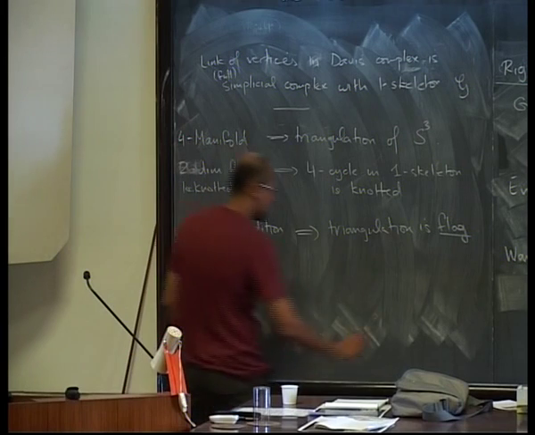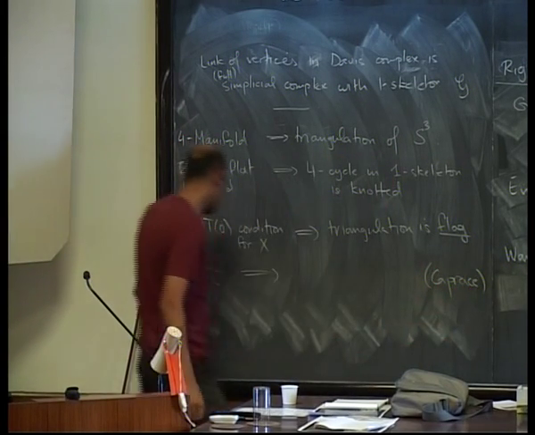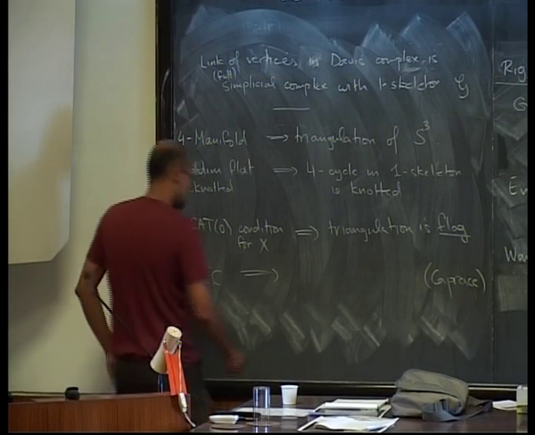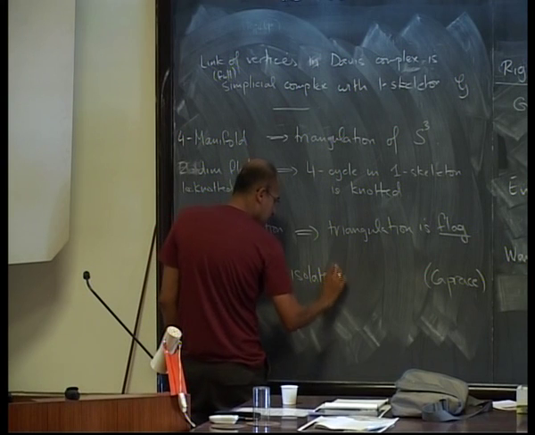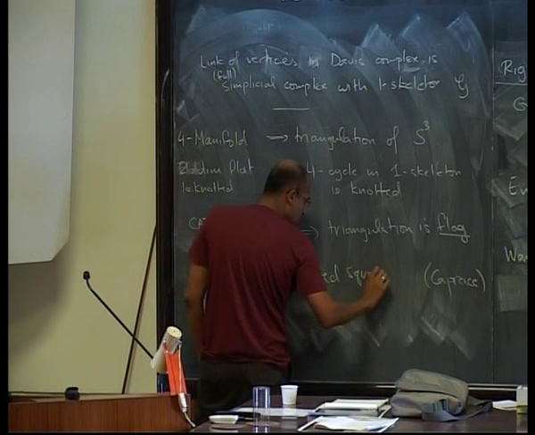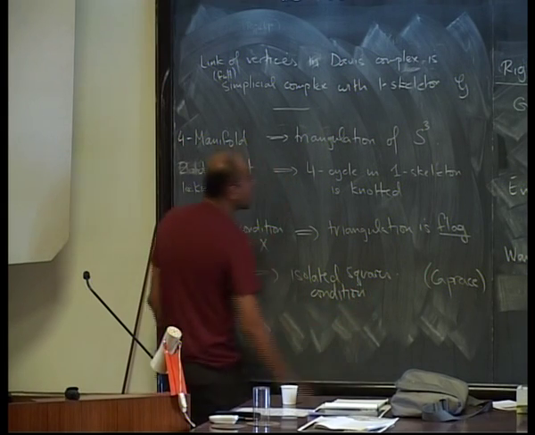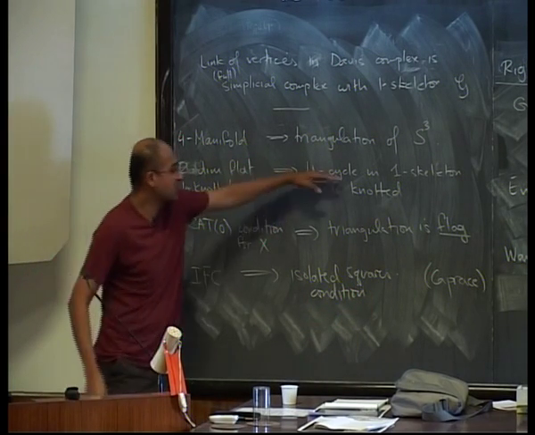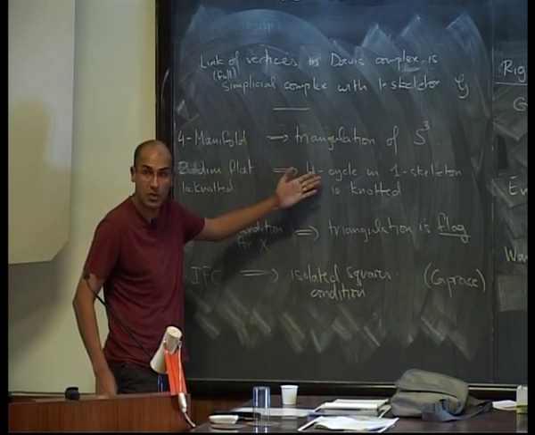Here we're using some recent work of Caprace. This is equivalent to what we call the isolated squares condition. A four cycle with none of the diagonals present, we call a square.